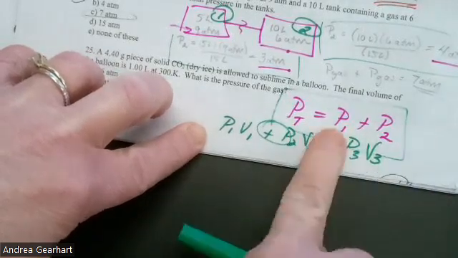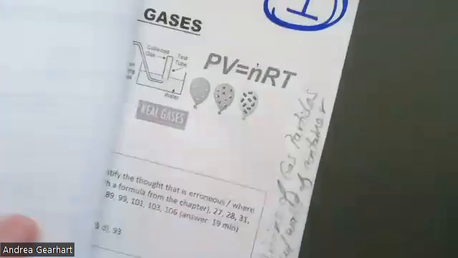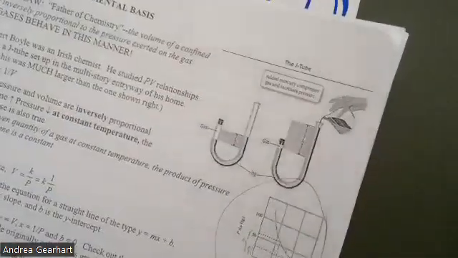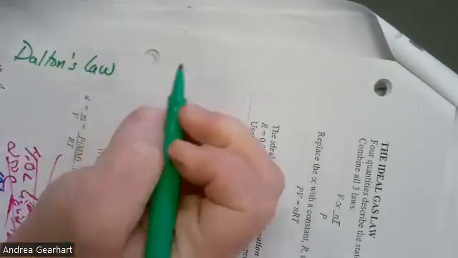But why I'm highlighting this, yes, to give you credit for great thinking and problem solving, but also to remind us of this. This is called Dalton's law of partial pressures. So I'm going to go back to that page that had Avogadro's. Okay, Dalton's law of partial pressure. You know that you never have to remember the title of these.